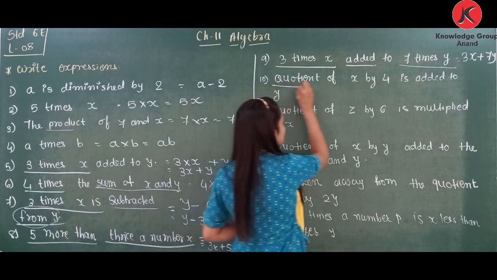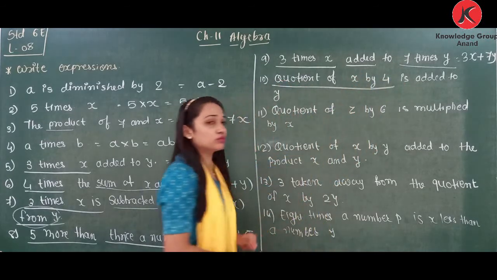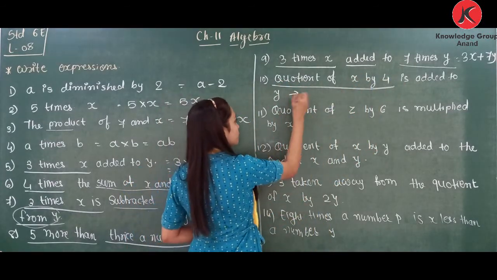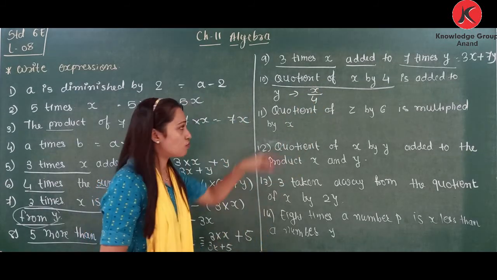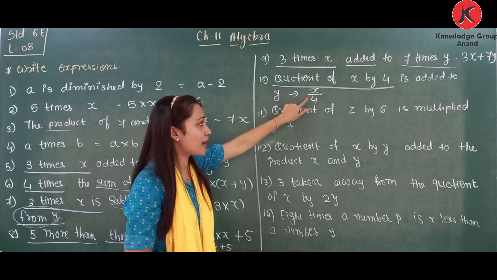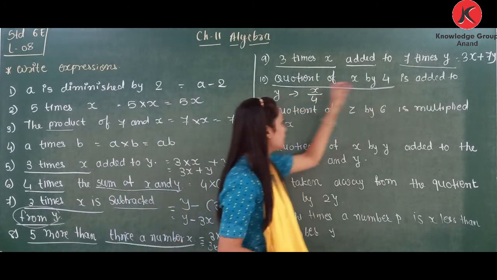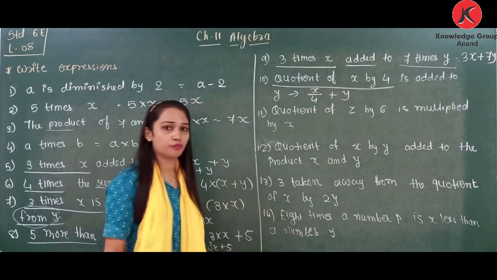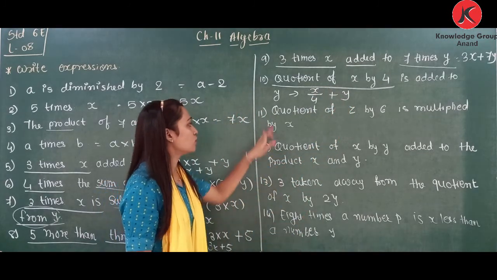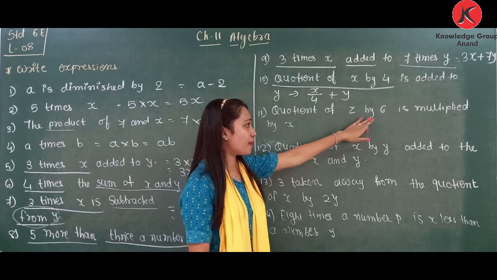So whatever answer is there for x by 4, that is given by x by 4, that gives the quotient. So whatever answer is of x by 4 is added to y, so that will give x by 4 plus y.